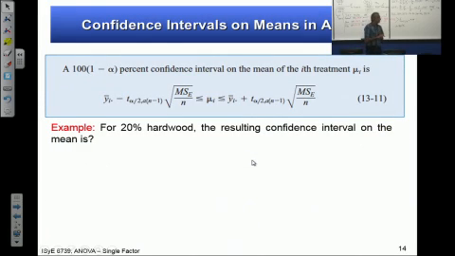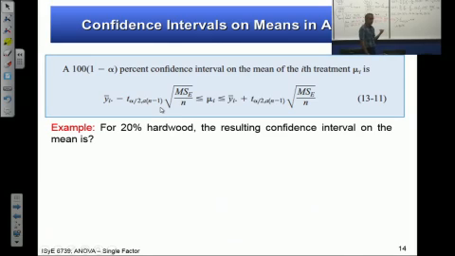Now, can I do a confidence interval for each population? These are the equations for the confidence interval for the mean of each population. As you can see, I'm using the t distribution because I'm estimating the variance. This is the sample average of each population. This is t alpha over 2 with the corresponding degrees of freedom.